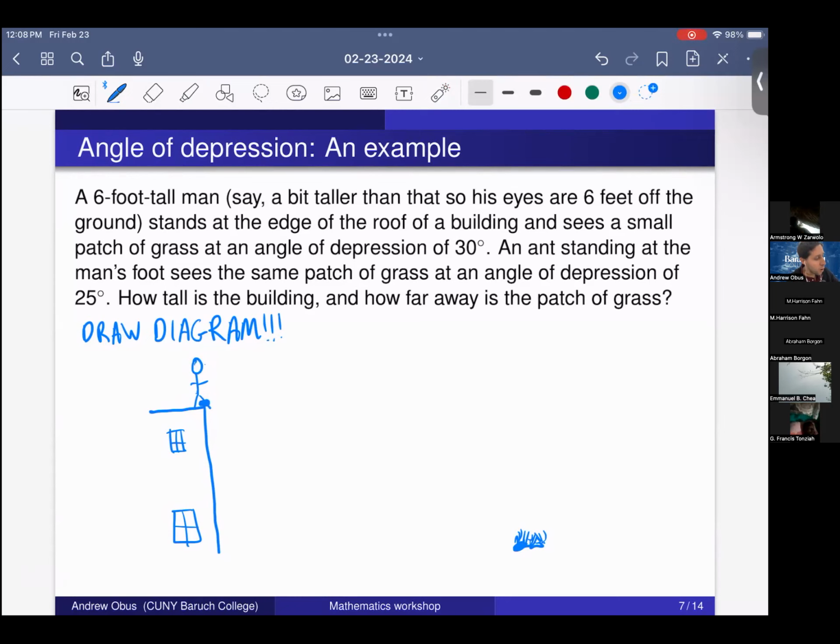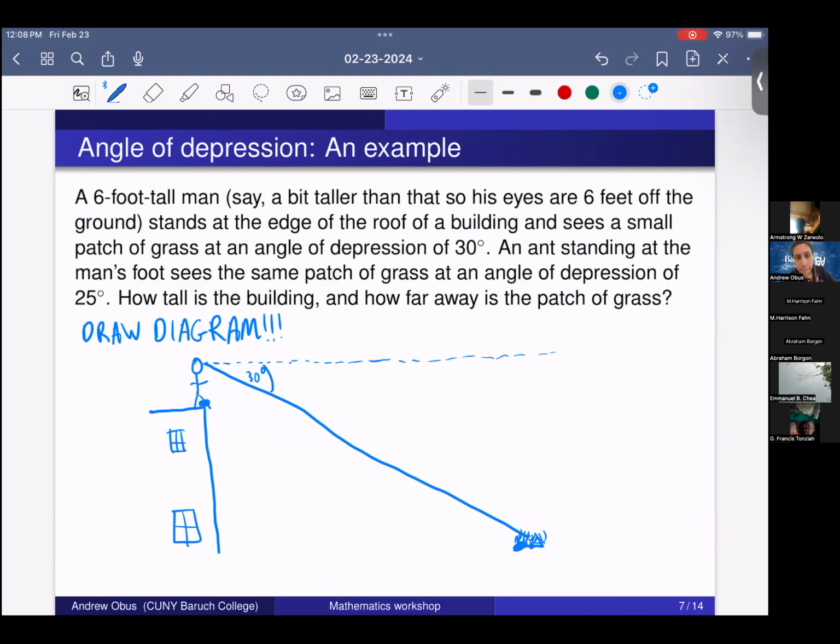So let's draw the angle of depression from his eyes down to here. This is going to be at an angle of depression of 30 degrees. So this angle here is going to be 30 degrees.